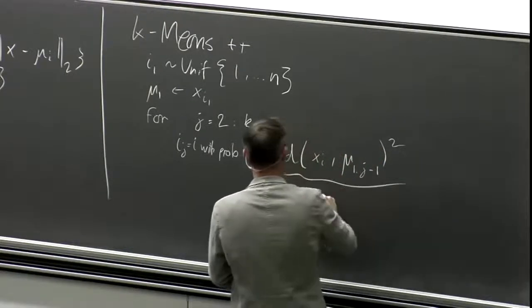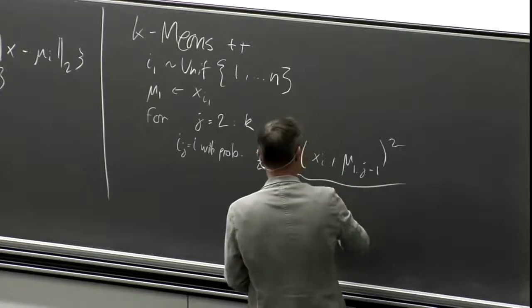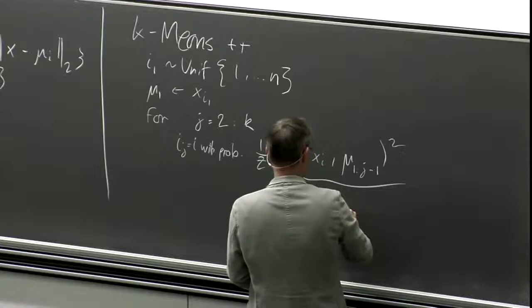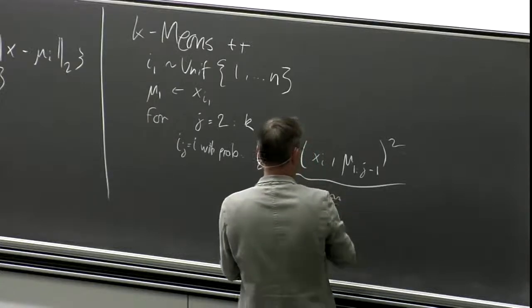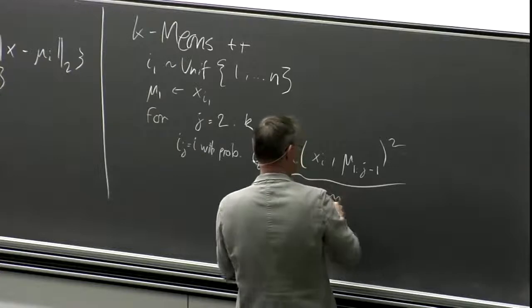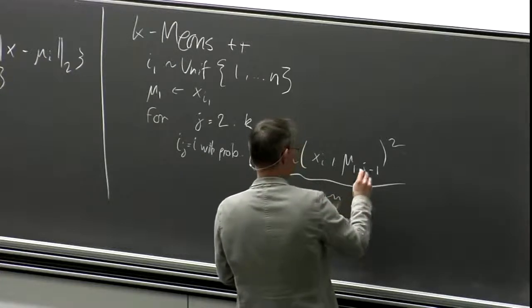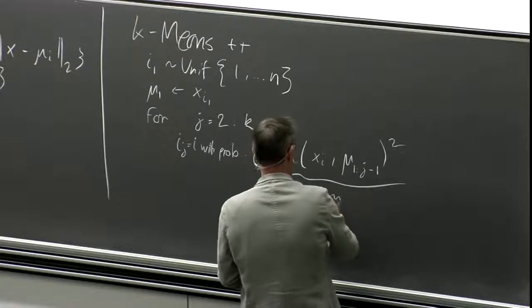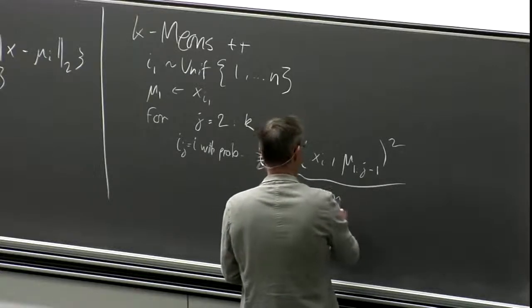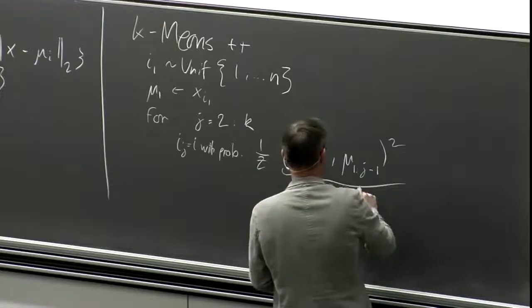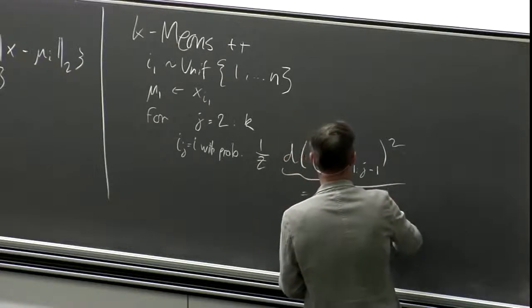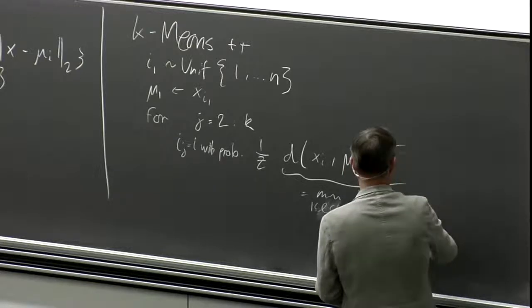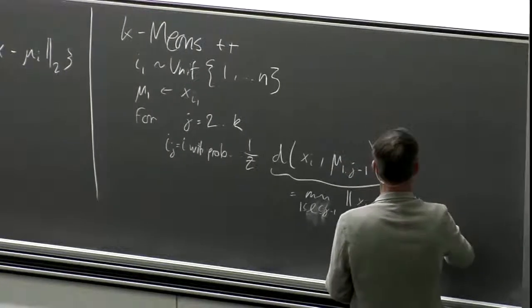This is here just the min over l, 1 less than or equal to l less than or equal to j minus 1, of the norm of x_i minus mu_l.